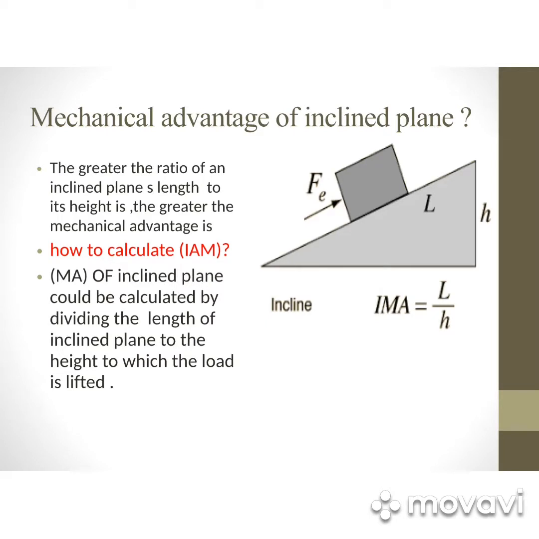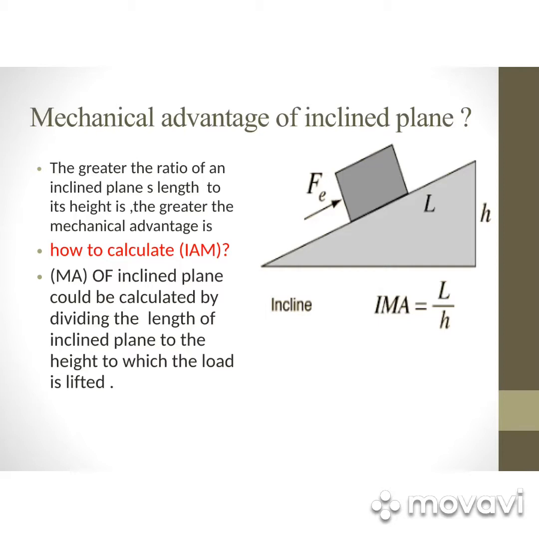How can we find the mechanical advantage of an inclined plane? There is a rule also. Basically, the greater the ratio of an inclined plane's length to its height, the greater the mechanical advantage.